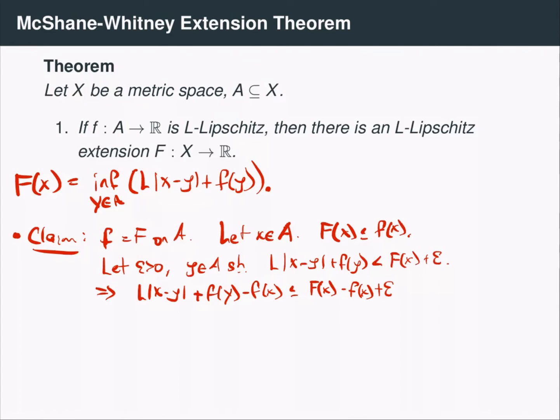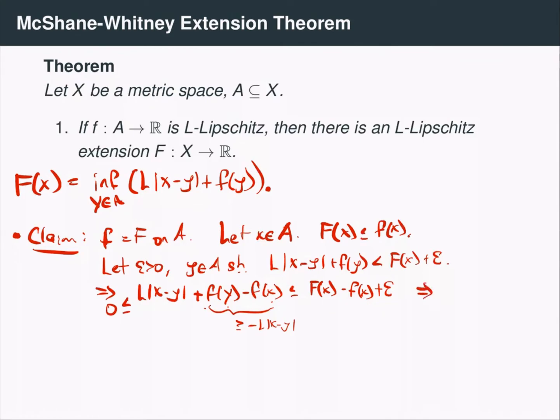Now, recall that y and x are both in the set A. And because f is Lipschitz, that implies that this difference f(y) - f(x) is greater than or equal to minus L|x - y|. And thus, that means that this sum L|x - y| + f(y) - f(x) is non-negative.